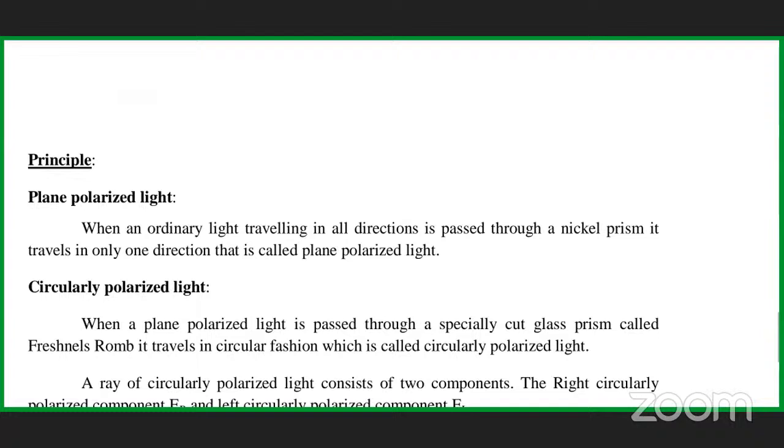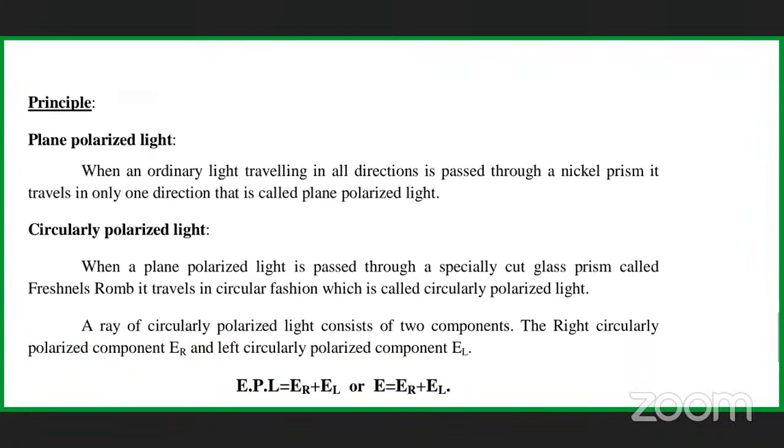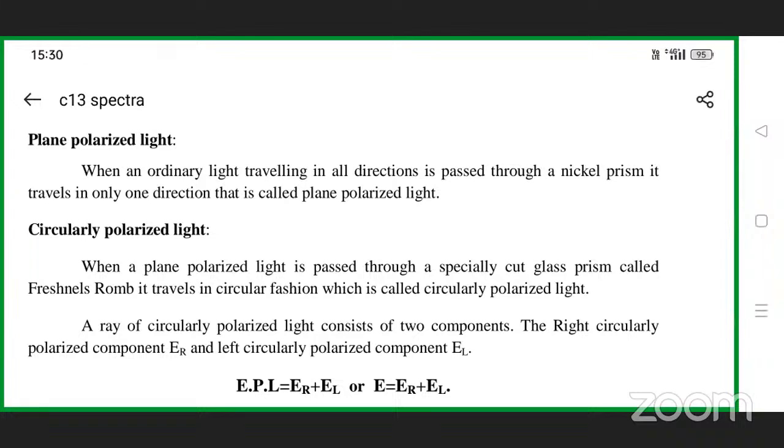When that light is focused on the monochromator, the prism monochromator, it is scattered through that prism and passes in one direction. We call that plane polarized light.